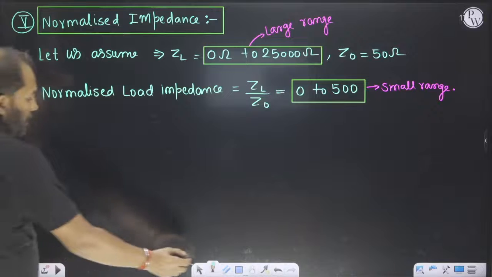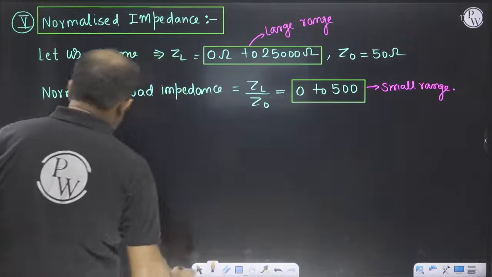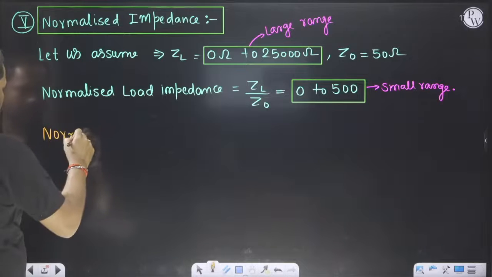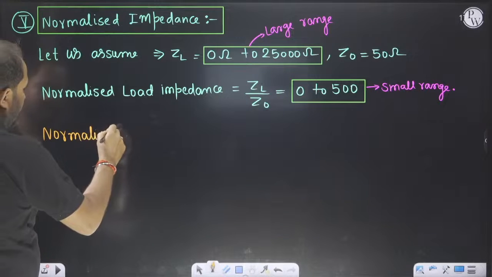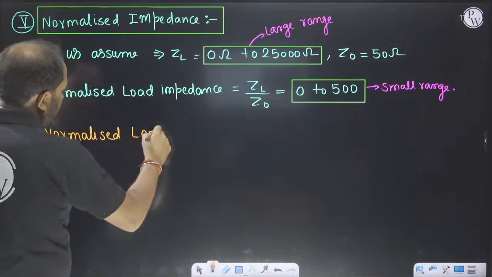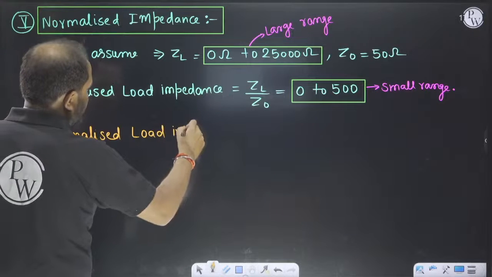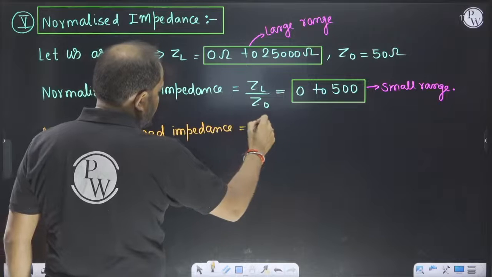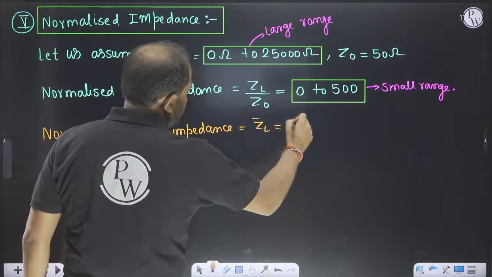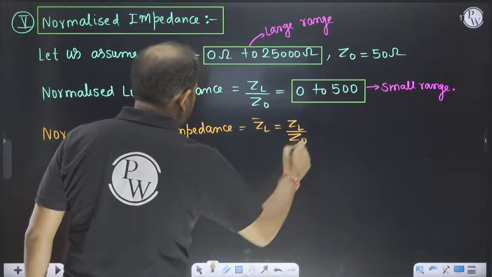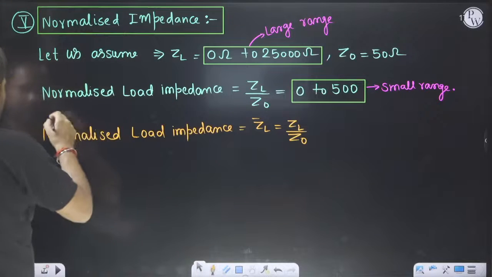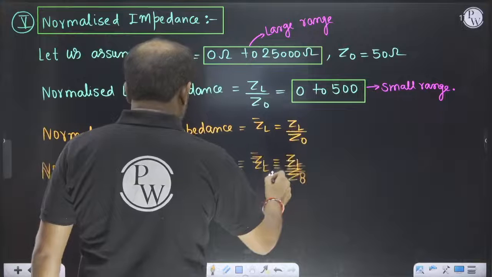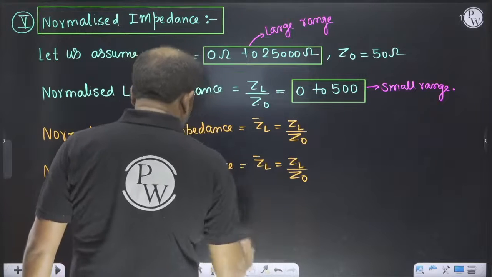So normalized load impedance is written as ZL bar, that means ZL upon Z0. Normalized input impedance will be written as Zin bar.